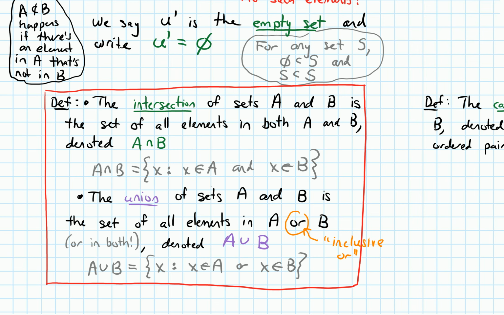That's called an exclusive or. You can't be in both. But sometimes in the English language, when you say the word or, you do mean to include the possibility that you could also be in both. That's also okay. So in the case of union, when we say the word or, it's an inclusive or, meaning we're in the union if you're in the first one, or in the second one, or in both.